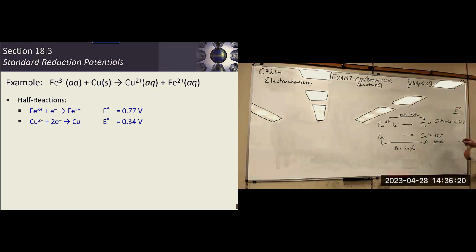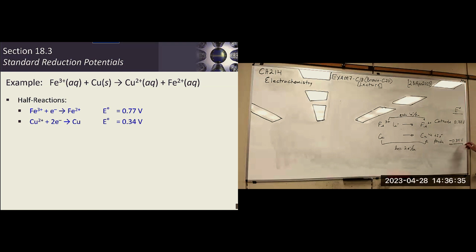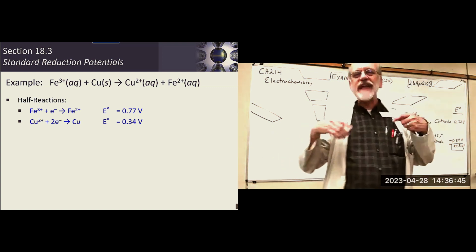This one would be 0.34 as a reduction if we flipped it. But written this way, we have to change the sign. So now when we put them together, what do we get? 0.43 volts is the voltage for that galvanic cell. The standard potential.